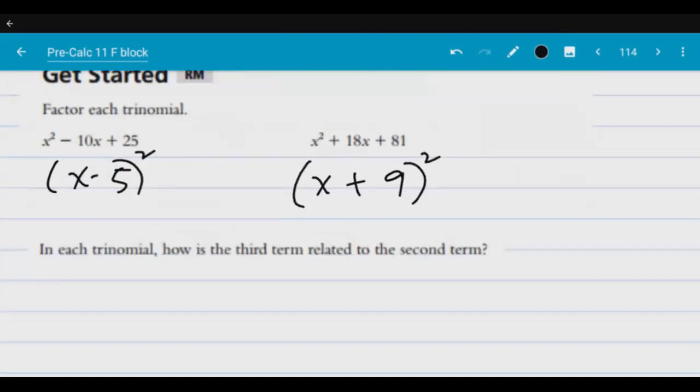In each trinomial, how is the third term related to the second term? All right.